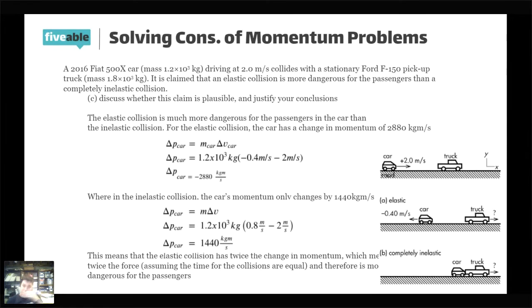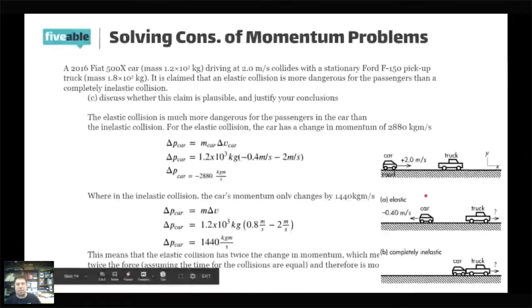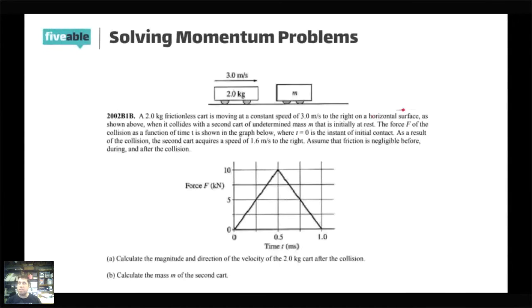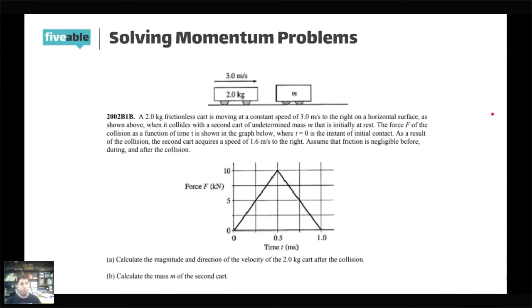All right. Then, a lot of the questions with momentum are going to be along the veins of that one we just did. Crashing together, figure out how fast something's going, or head on, bounces off, sort of stuff like that. The other big type of question that you could be asked to do is one that involves a graph.